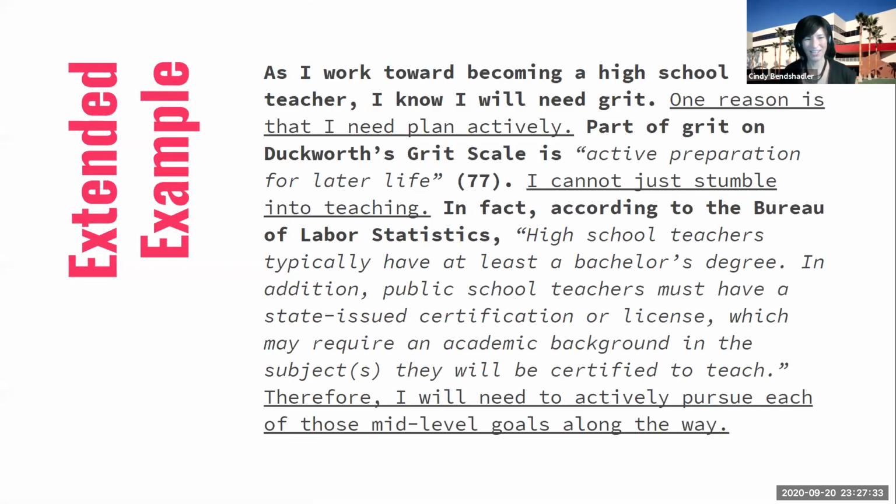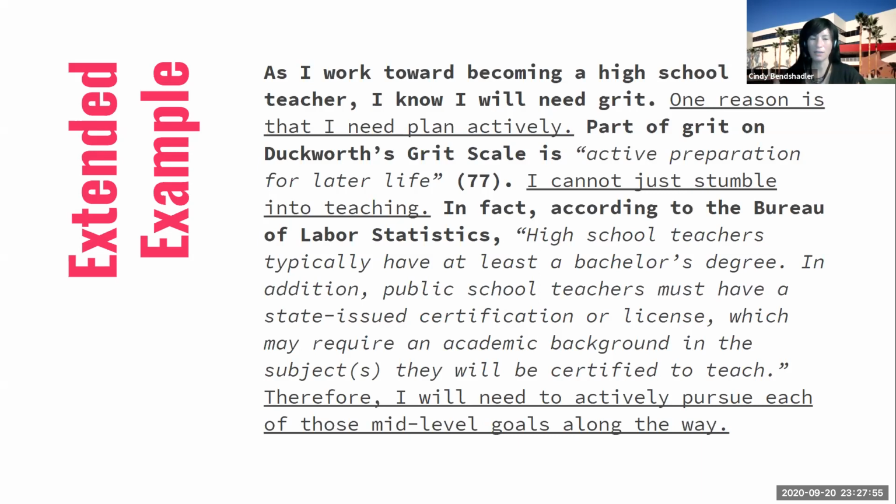I have a more extended example because I want you to see that it's not always as simple. I decided to use a different quote, and I actually used two quotes from two different sources, which is another thing you want to aim for: your body paragraphs should not be organized by sources.